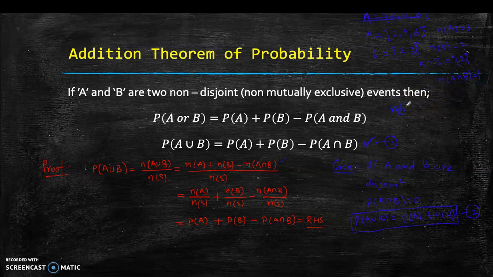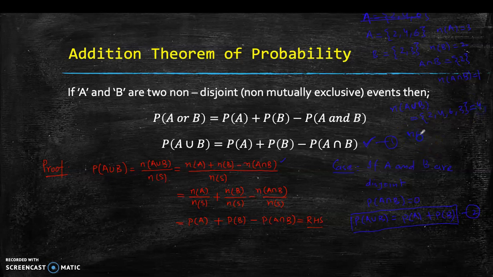And if I look into the number of elements in A and or B, not and, it's or, A union B, then it is actually how many? 2, 4, 6, 3. I cannot write 2 two times, so they are actually 4.